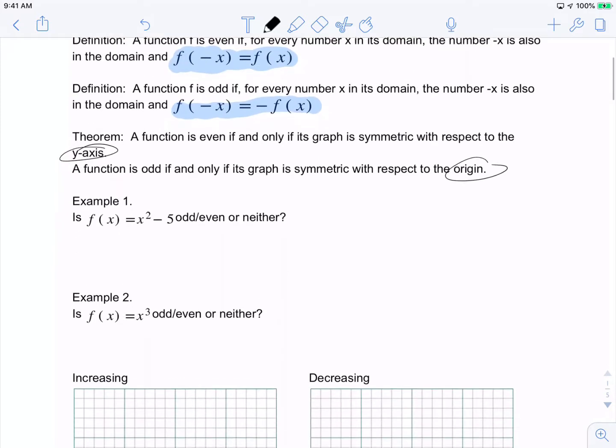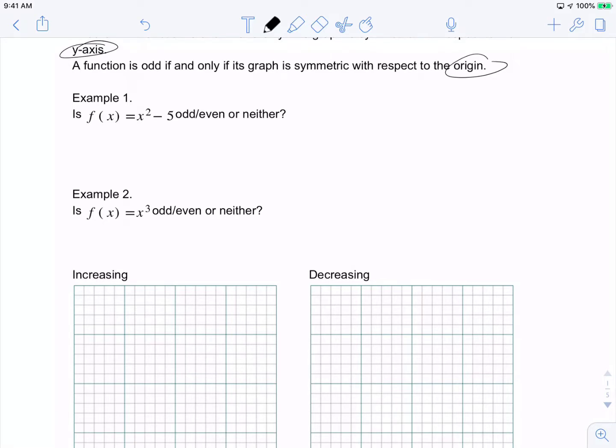Here's our first example. We're going to determine if this is an odd or even function by substituting negative x in for every x value. And so we're going to get negative x squared minus 5, and then we're going to simplify this. Negative x times negative x is going to give us a positive x squared minus 5.